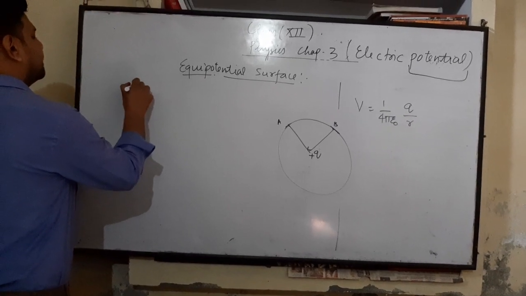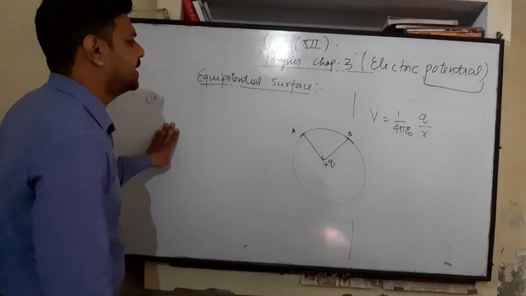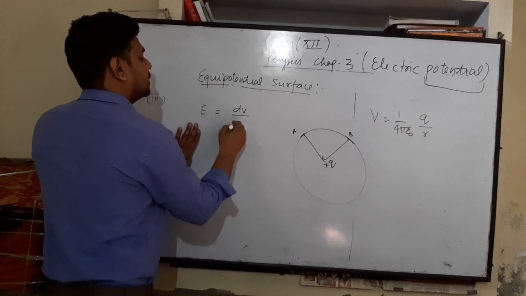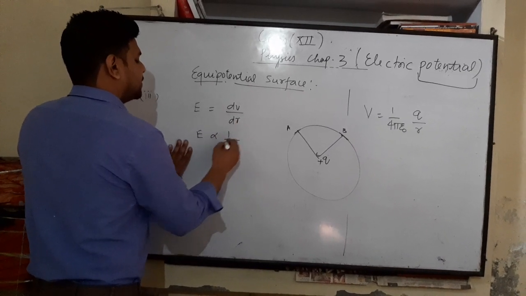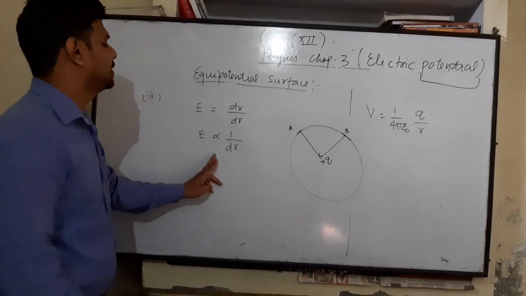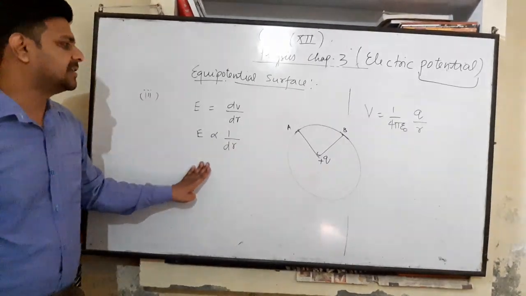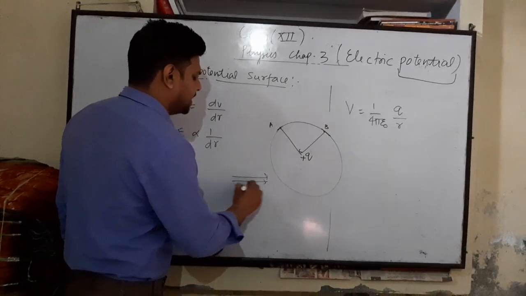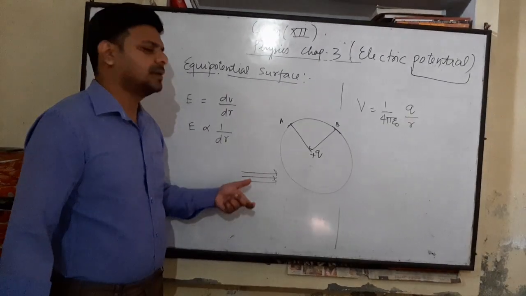Next result. As we have seen in potential gradient, E is equal to dV over dr. Now we can say E is inversely proportional to dr. This dr is the distance between two equipotential surfaces. As we know, if electric field lines are closer, then the strength of the field is bigger.